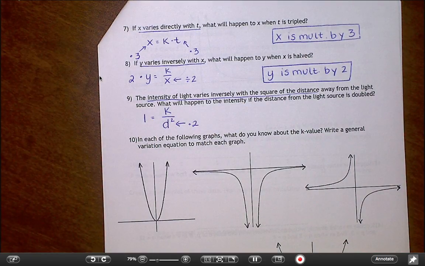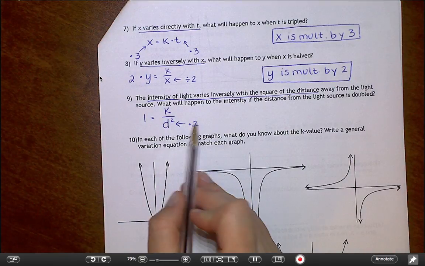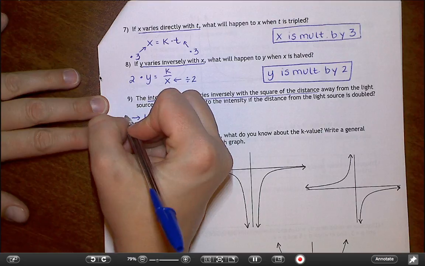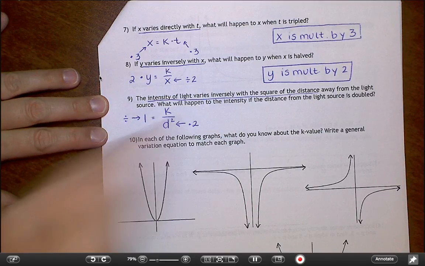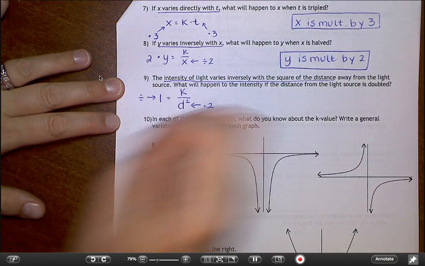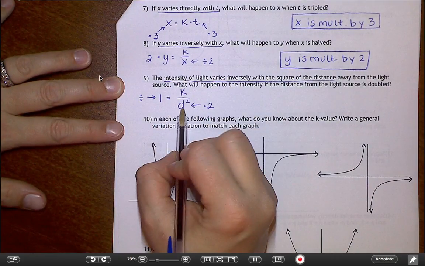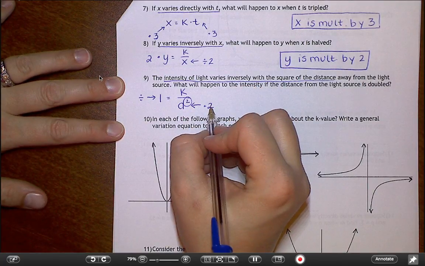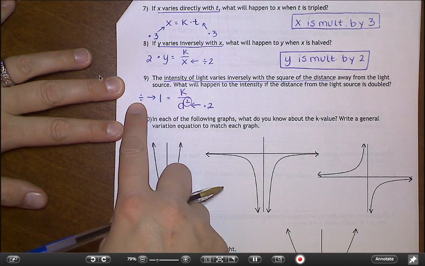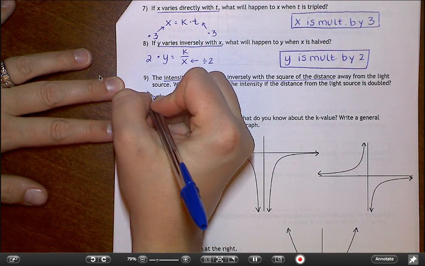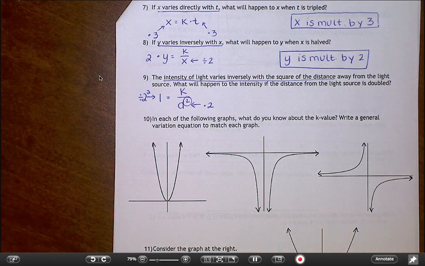Well, once again, I'm working with inverse variation. So when I have multiplication over here, I know I'm going to be dealing with division over here. Okay? And because this d has a square on it, this 2, when it applies over here, is going to end up getting squared as well. So really on this side, I'm going to end up dividing by 2 squared.